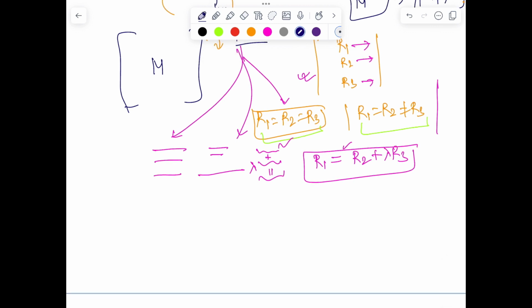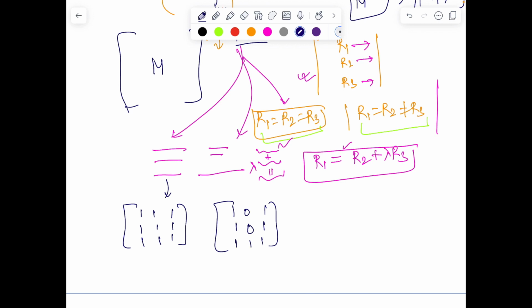I think it will be a better idea to give you one sample example from each of them. If all of them are equal, it's obviously 1 1 1, 1 1 1, 1 1 1. If 2 of them are equal, maybe 1 0 1, 1 0 1, and you can freely select the third one. If no 2 of them are equal, maybe 1 0 0, 0 1 0, and then 1 1 0. So all the 3 rows are distinct, R1 R2 R3, but still the determinant of this matrix M is 0.